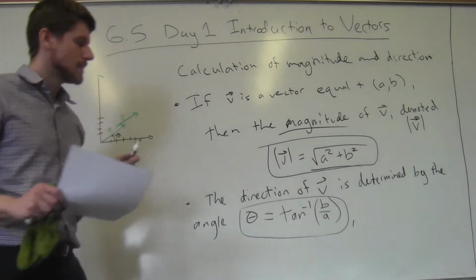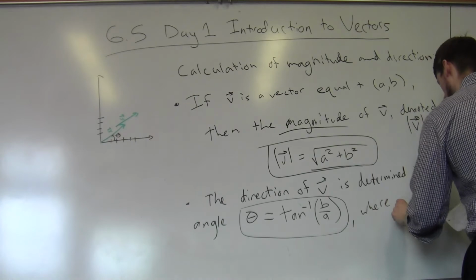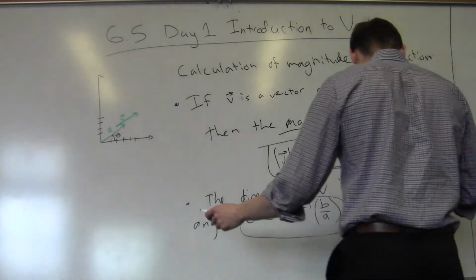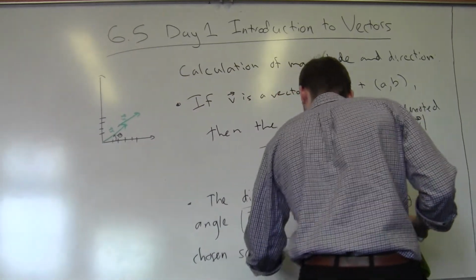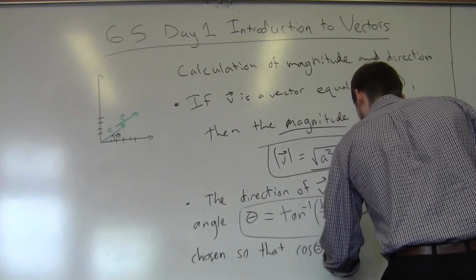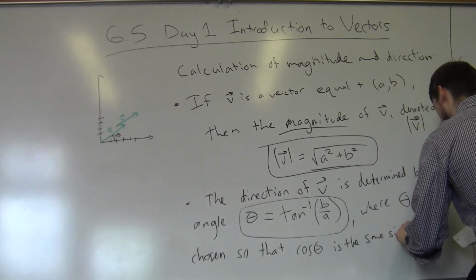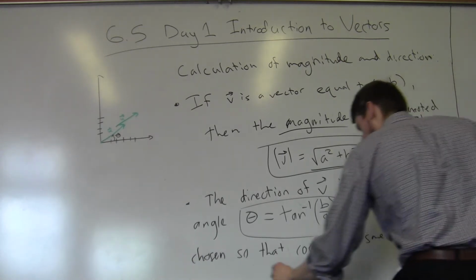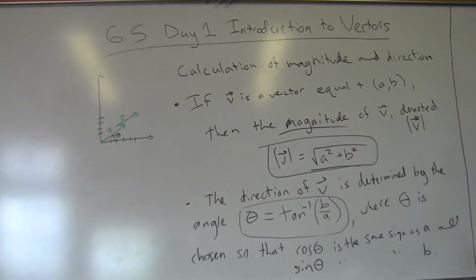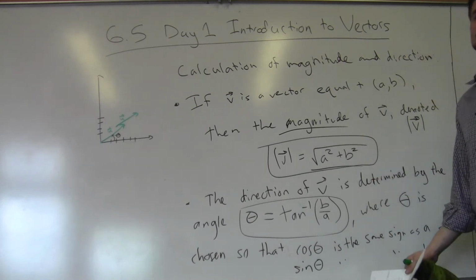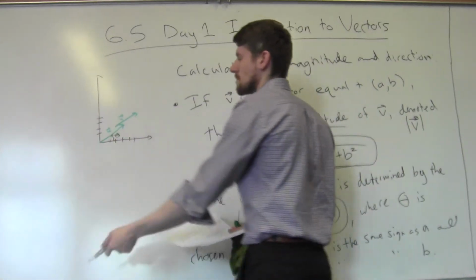So you have to be mindful of this, where theta is chosen so that cos theta is the same sign as a, and sine theta is the same sign as b. Basically, sometimes you're going to have to add pi to this if it ends up being in quadrants 2 or 3.